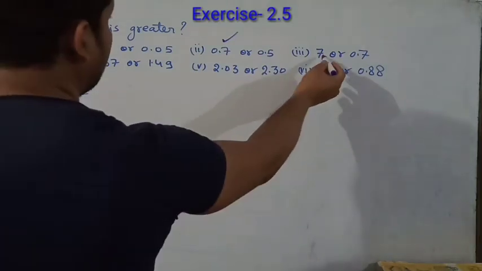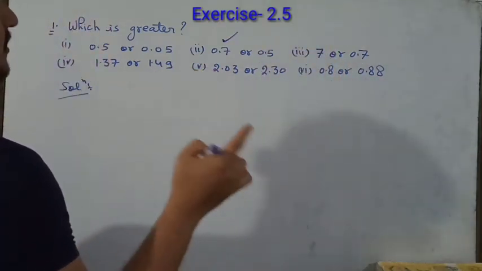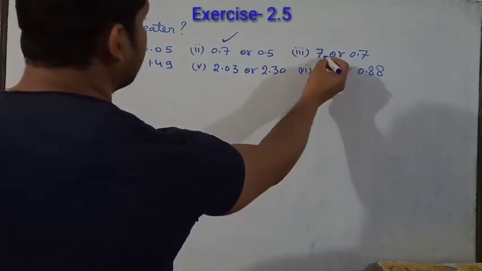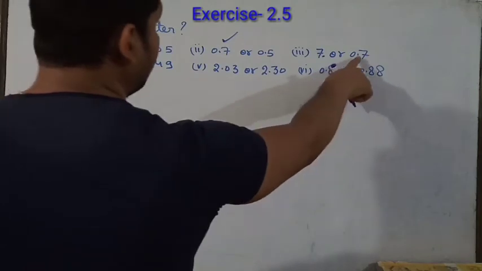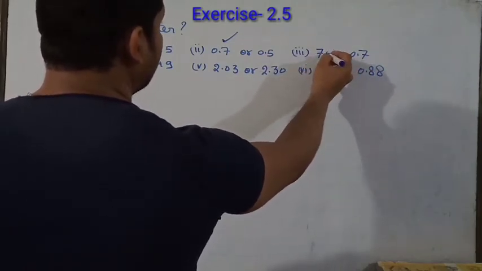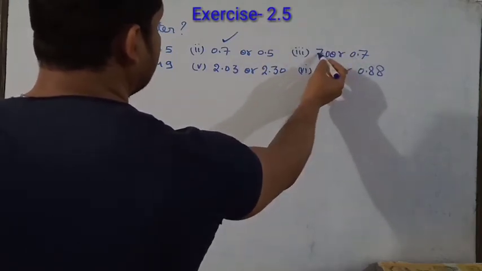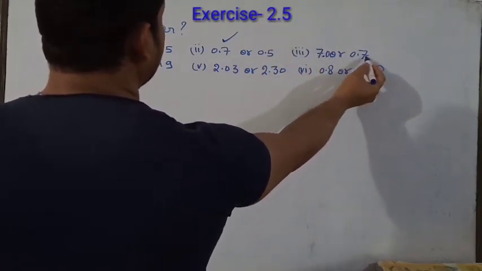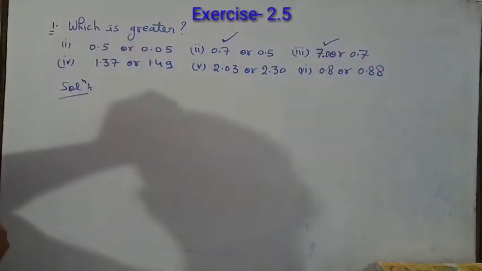And here is a whole number with no digits after the decimal. So here is a decimal with 1 digit and a number with no decimal digit. So you will use 0. Forget the decimal. This is 70 or this is 7. So which is greater? Yes.